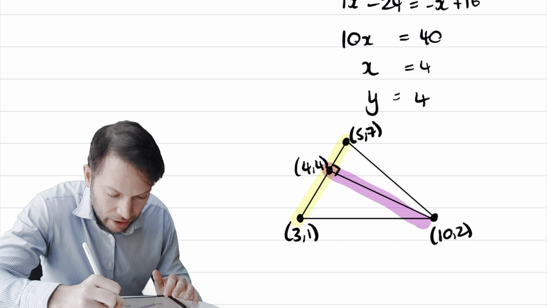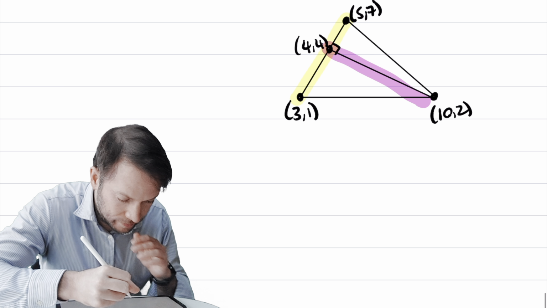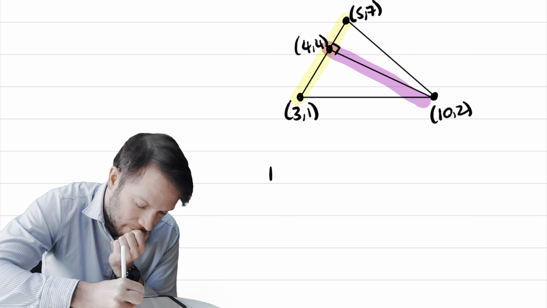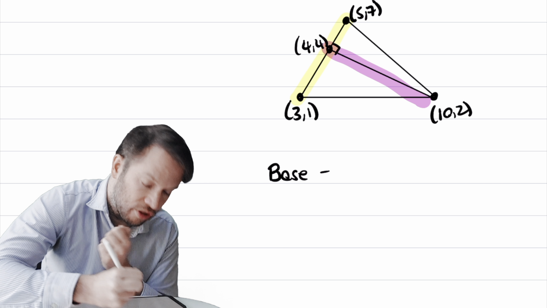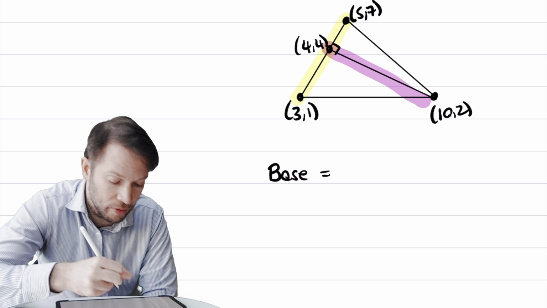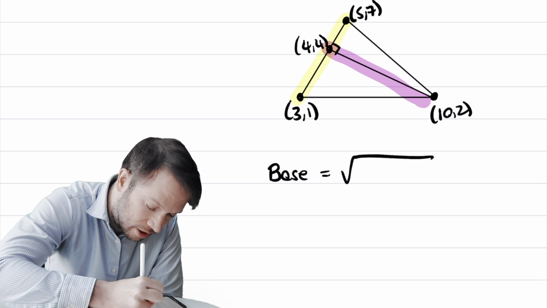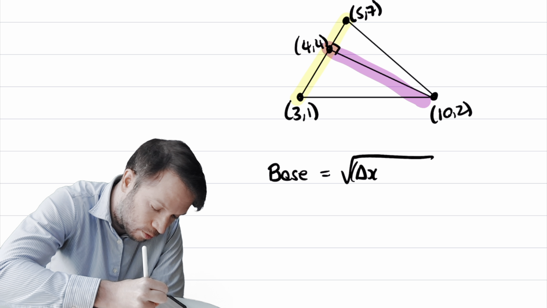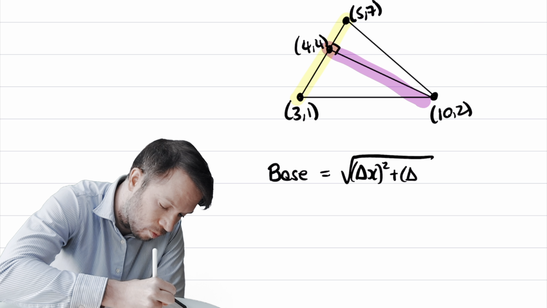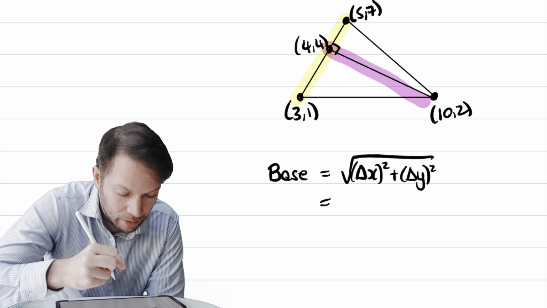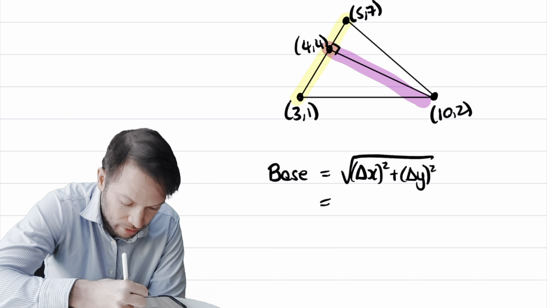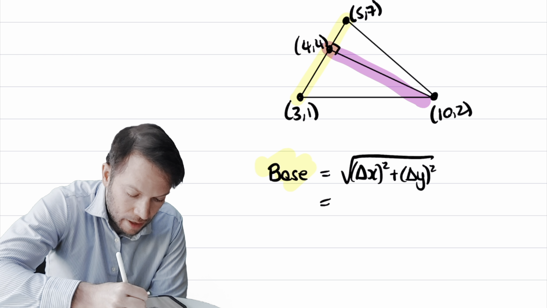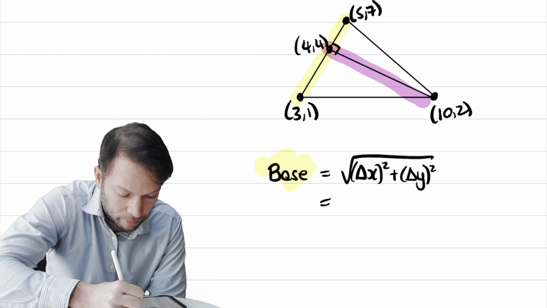Firstly, the length of the yellow line, so the base. Do you remember the formula for the distance between 2 points? We can use the square root of the change in x squared plus the change in y squared. So for this yellow line, the change in x is from 3 to 5.